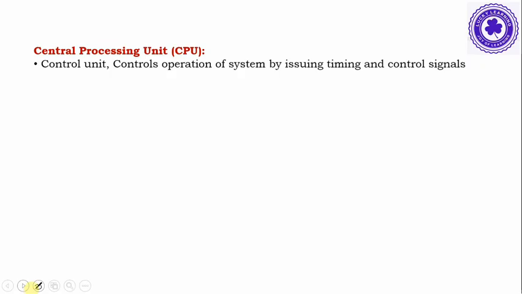Here you look at the central processing unit, which is a combination of ALU and control unit. The control unit controls operations of a system by issuing timing and control signals. It means the control unit is going to issue control signals to perform various computational tasks in a timely manner so that the various computational tasks can be performed.